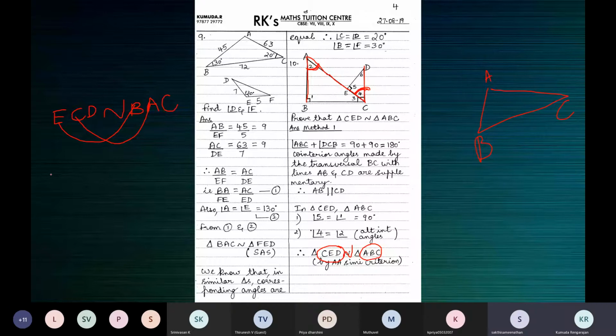Okay, now tell me then, if I want to call it DEC, DEC is similar to A, DEC similar to CBA. CBA or ABC.